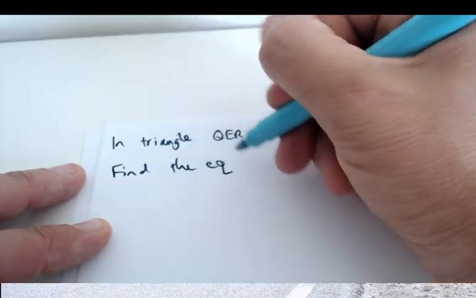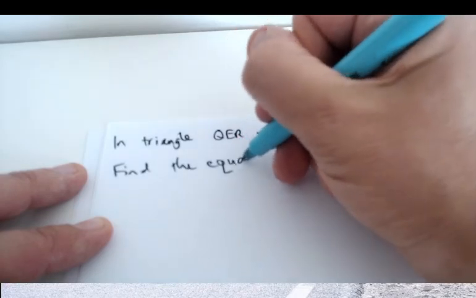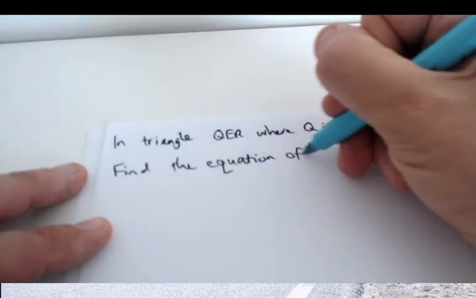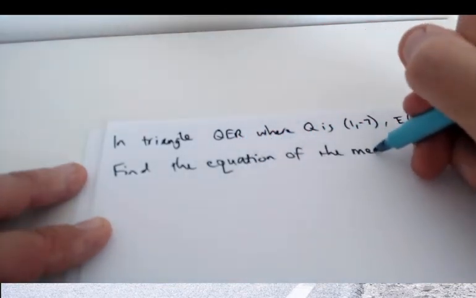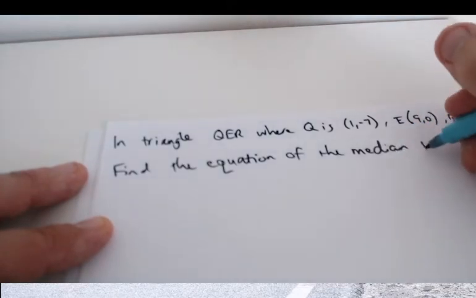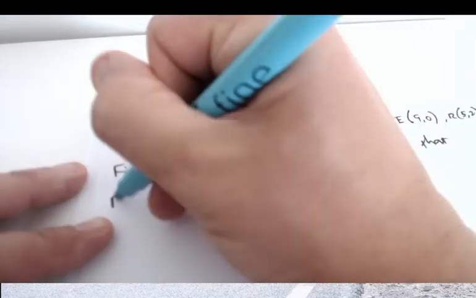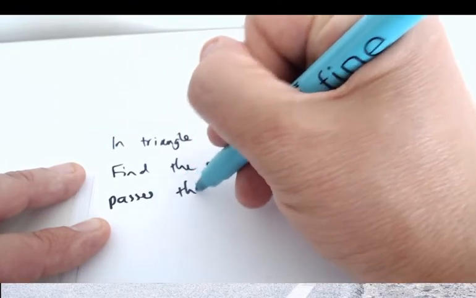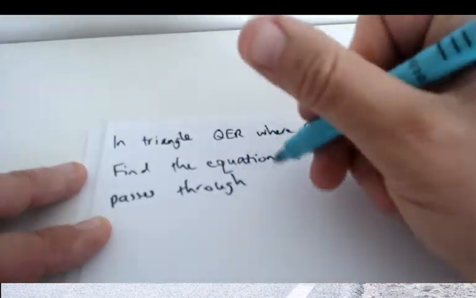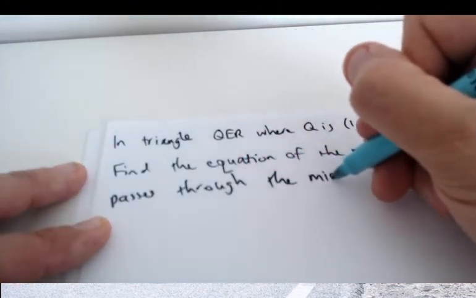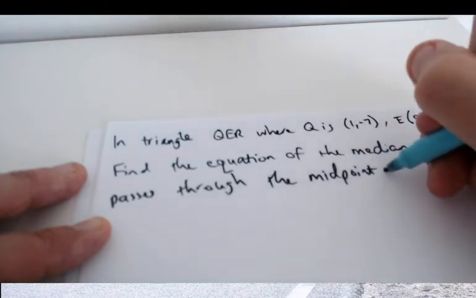Find the equation of the median that passes through the midpoint of ER.